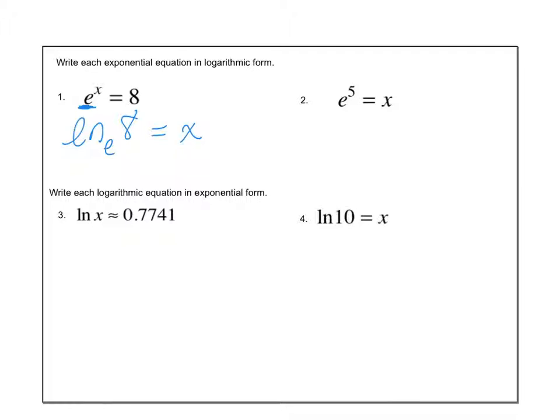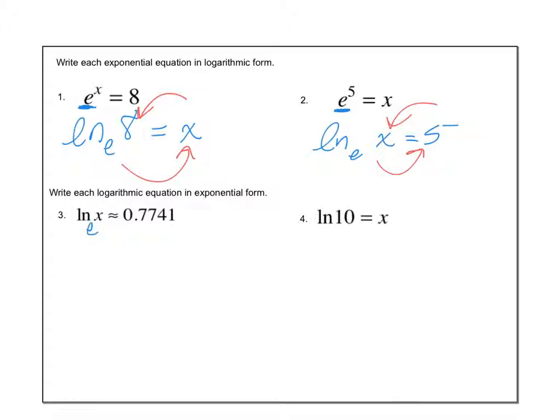And you can easily verify this by checking. And indeed, e to the x equals 8 is the problem that we initially began with. Now, let's try the next one. Same base, e, natural log base e of x equals 5. Double check, e to the 5 equals x.